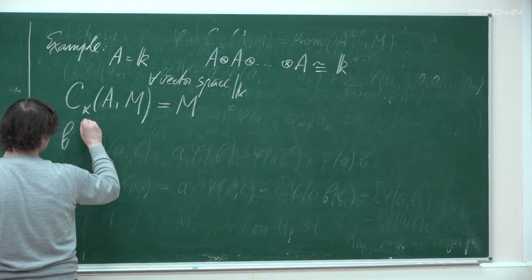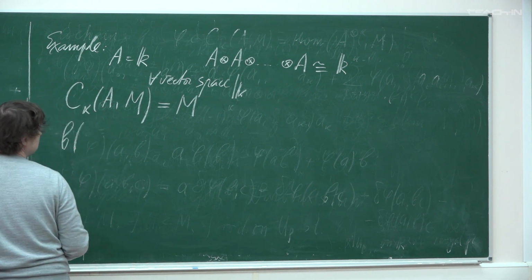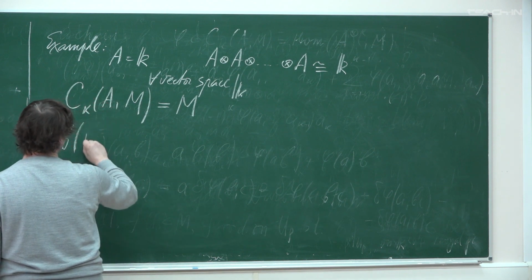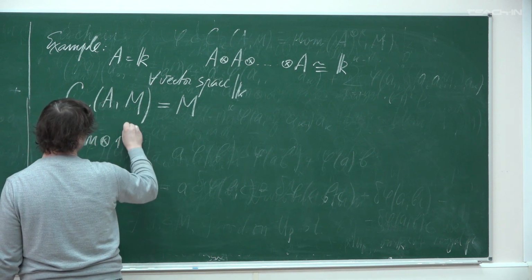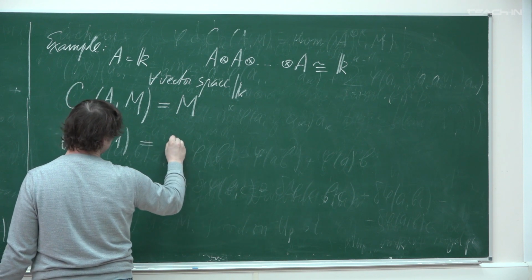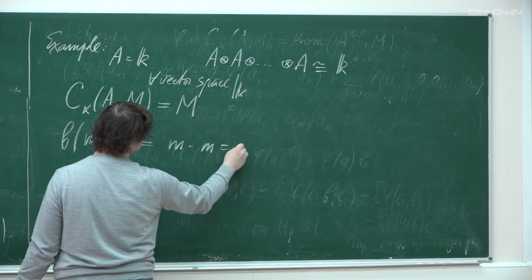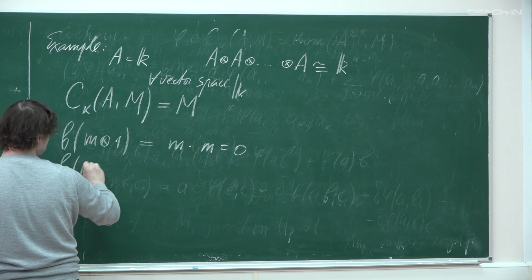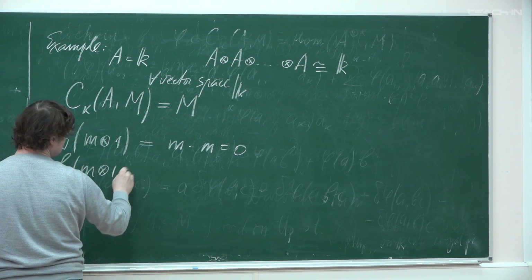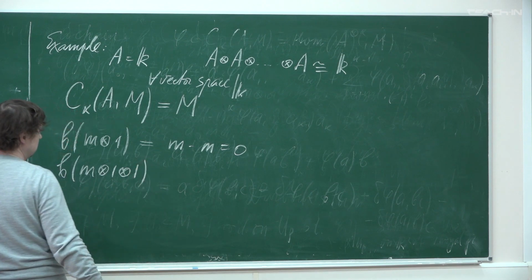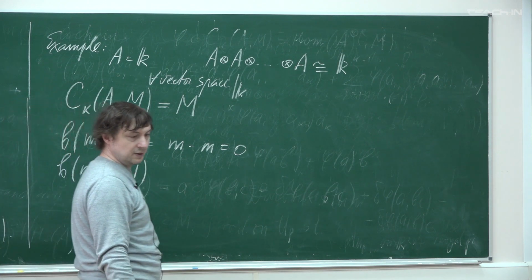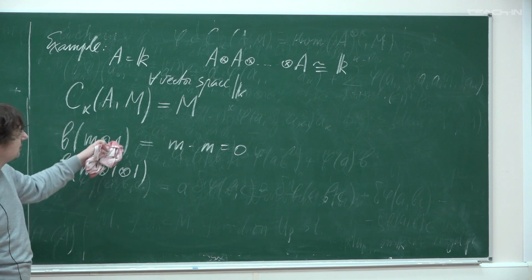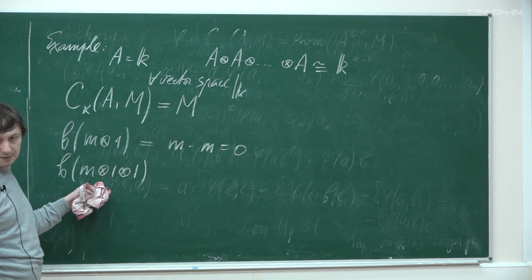So what is the differential b from, say, M tensor 1 to M? It is equal to M minus M, that's 0, right? If we take b from M tensor 1 to M tensor K, right? All the elements in this tensor product can be written like this, yeah?